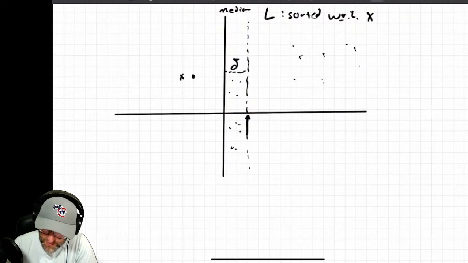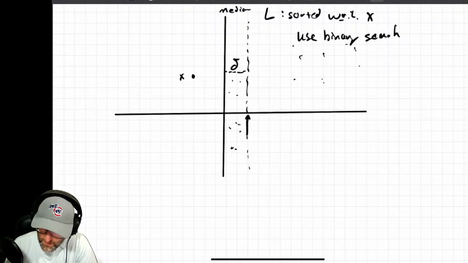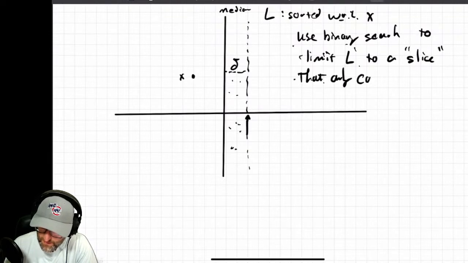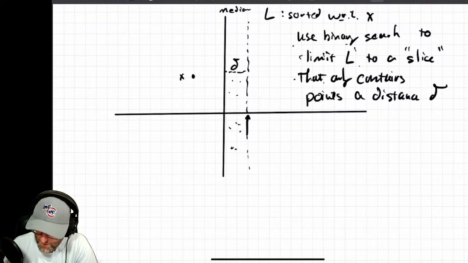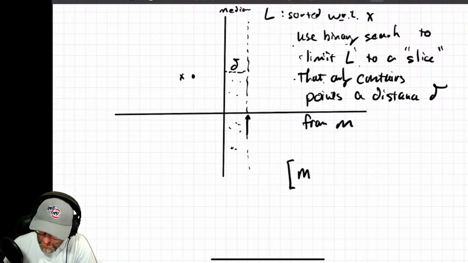So all you need to do is use binary search to limit the L to a slice that only contains points a distance delta, with respect to the x coordinate, of course, from M. In other words, you're looking at a slice from M up to M plus delta.